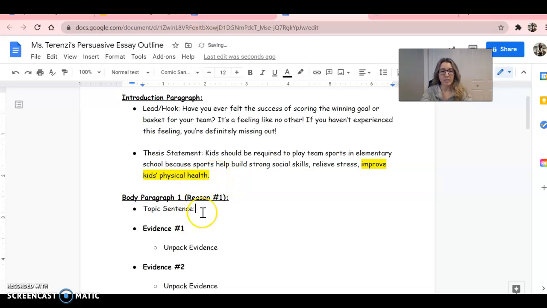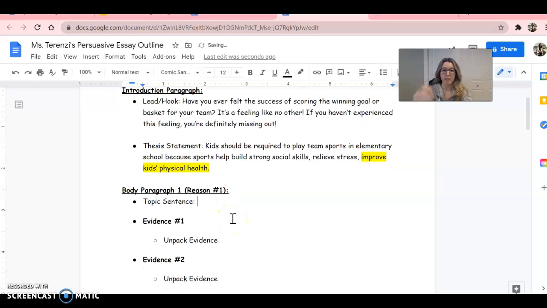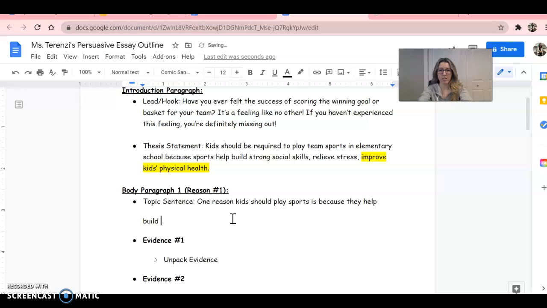So my first reason, my topic sentence for my first reason is going to be about my first reason. So one reason kids should play sports is because they help build strong social skills.